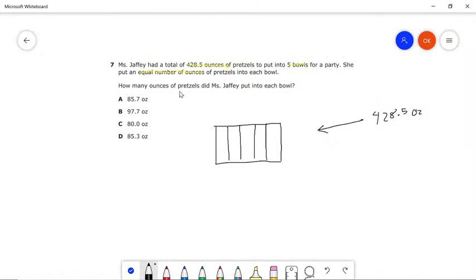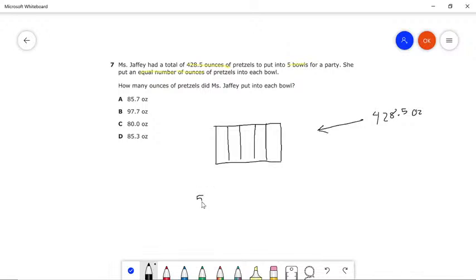So how do we divide this number by this number? Well, we do it by long division, and we do it as we do with normal numbers.